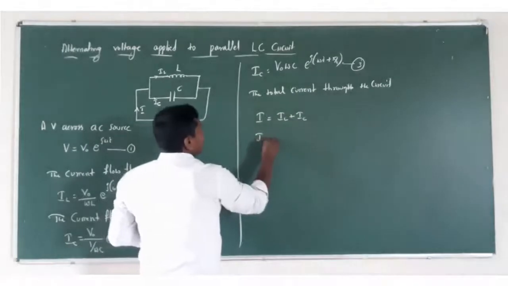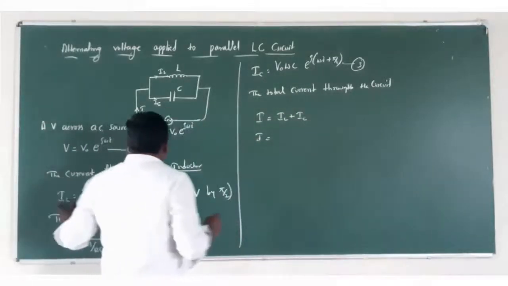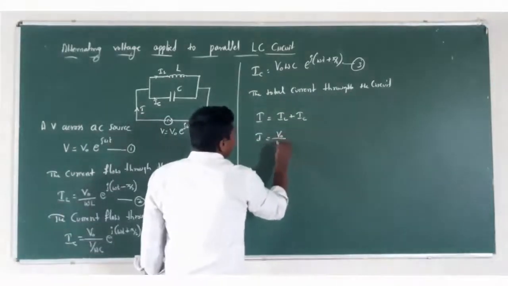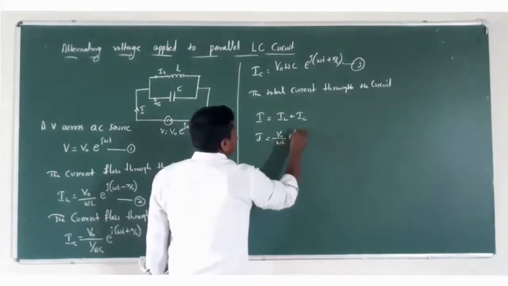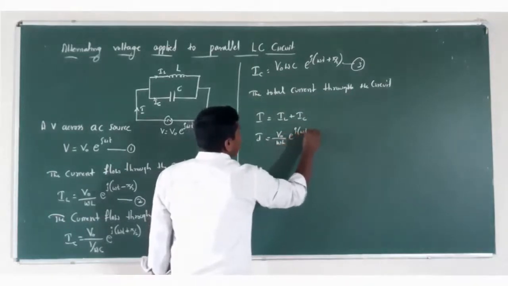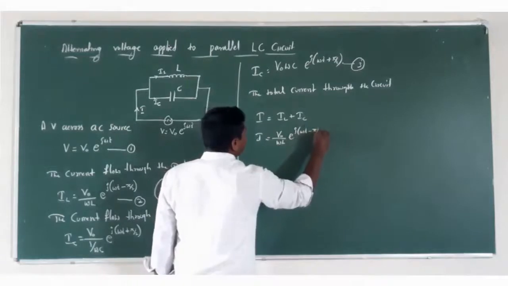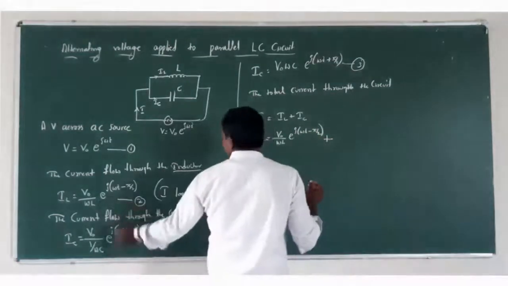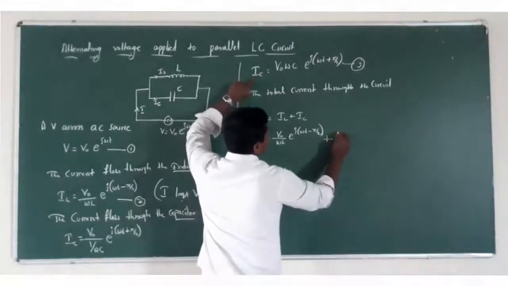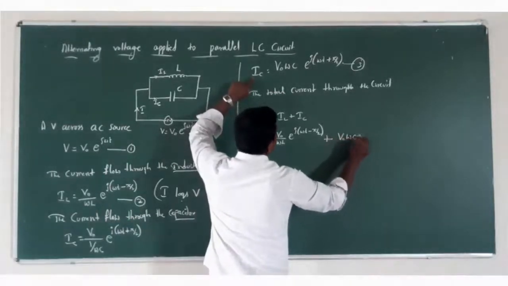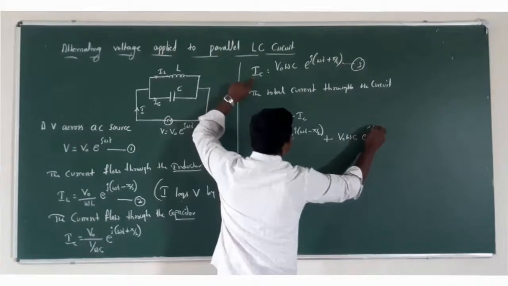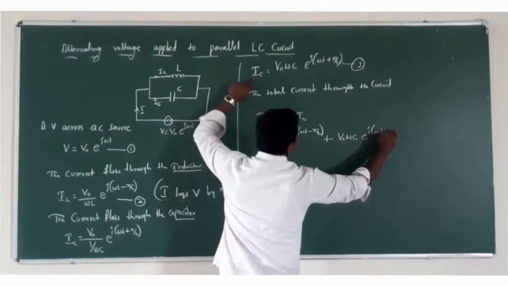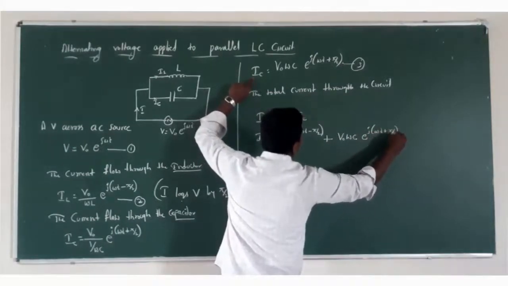We know that IL can be written as V naught divided by omega L, e raised to j omega t minus pi by 2, plus IC, which can be written as V naught omega C e raised to j omega t plus pi by 2.